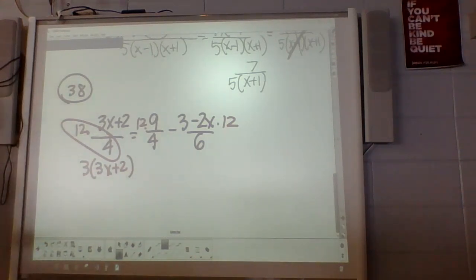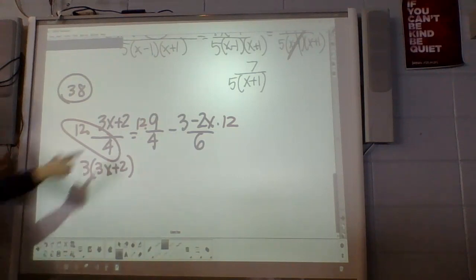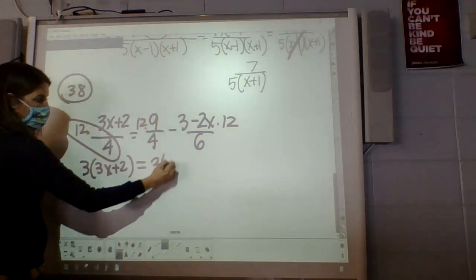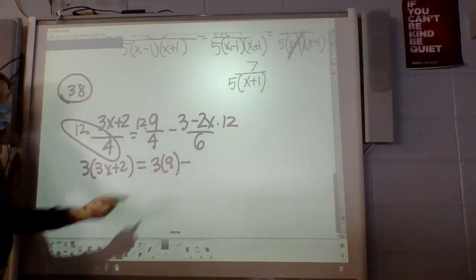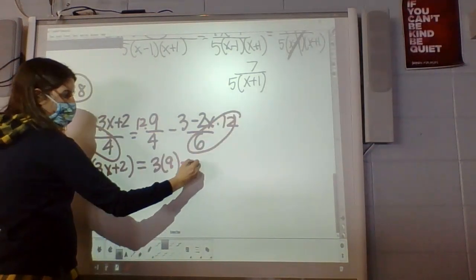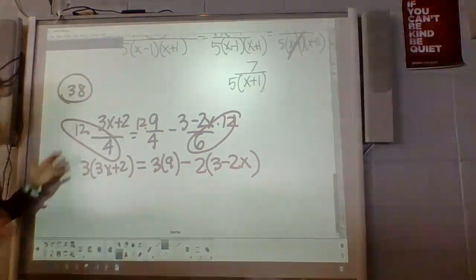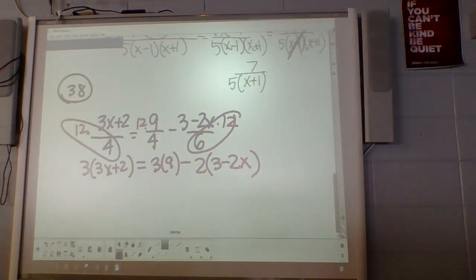And then it's not a fraction anymore. This will simplify to just be 3, so it'll be 3 times 9. And then this will simplify to just be 2. So I'm getting rid of all the fractions by multiplying by that common denominator.